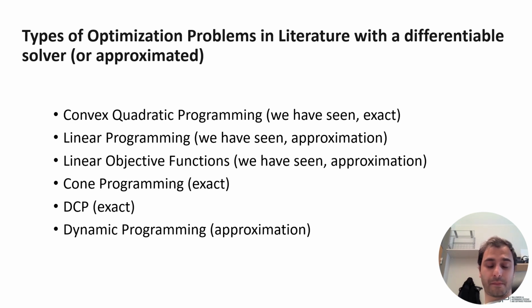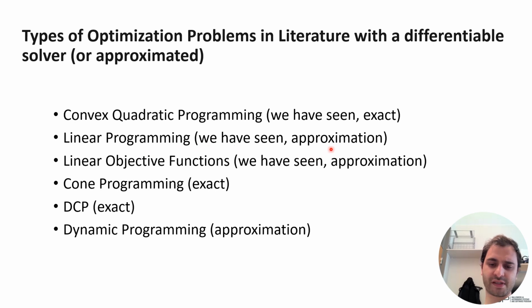Okay, basically we just summarized some of the works, but in general, we have these types of optimization problems that can be solved by finding some optimization layers. For example, convex quadratic programming we have seen, and they have exact differentiation, so they are not approximations.